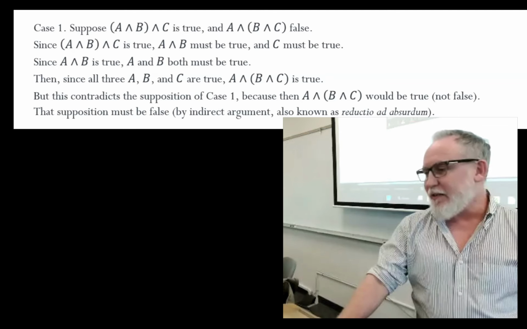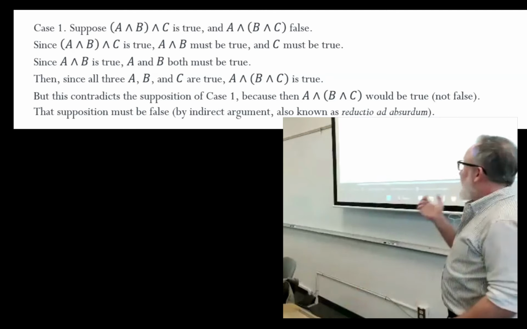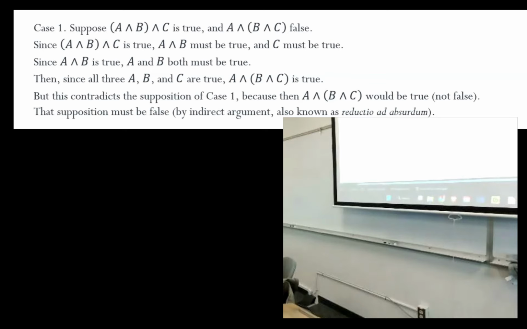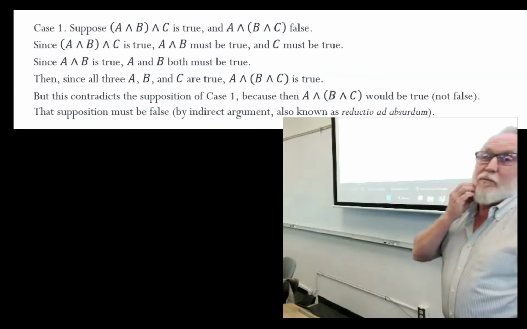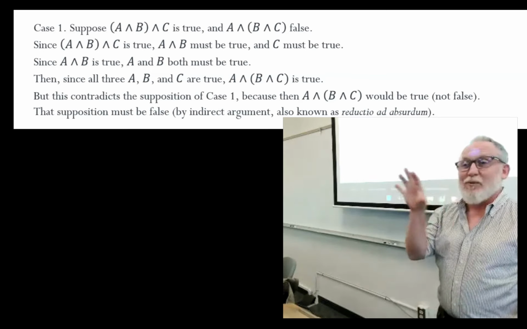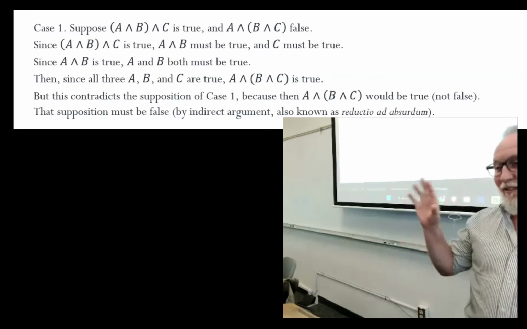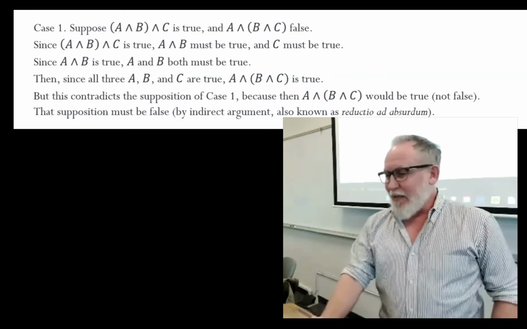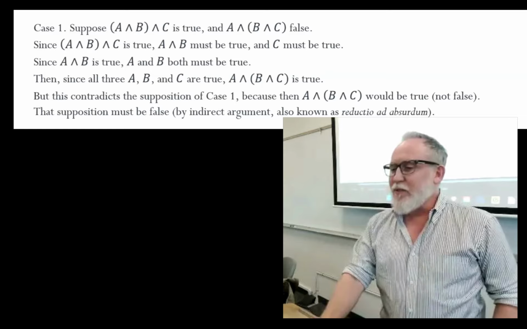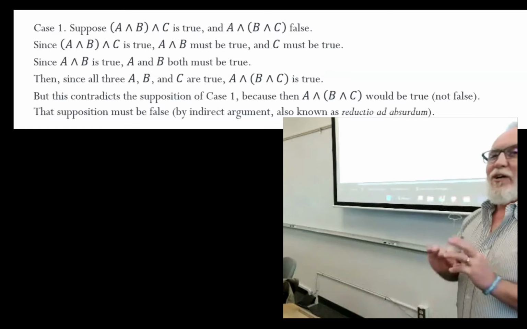And this is an indirect argument, also known as reductio ad absurdum. If we look at the student learning outcomes on the syllabus, this is one of the things mentioned there. And Jeffrey doesn't really want to go to reductio or indirect proof because this is not very efficient.